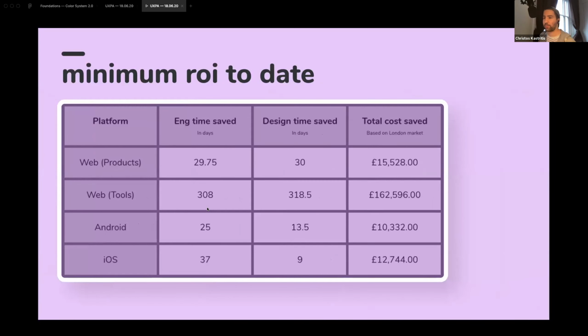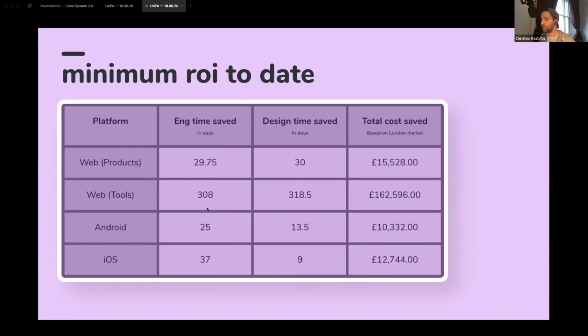And so I'll show you some examples that we were able to get from this exercise. We were able to get a snapshot of the minimum ROI. We could see that for tools, we saved 308 days of engineering time and 160,000 pounds, which is quite nice. It's worth noting that this is minimum as well, so the number is probably a lot higher, but it's a good starting point, right?